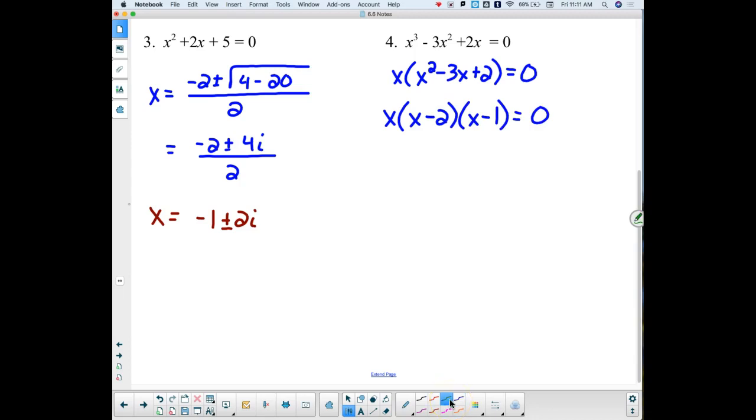Then what do I do? Set them equal to 0. Okay, so x is going to equal 0. X minus 2 is going to equal 0. X minus 1 is going to equal 0.